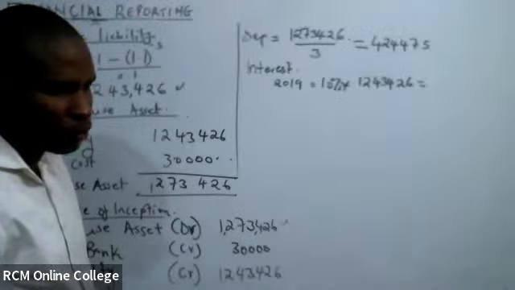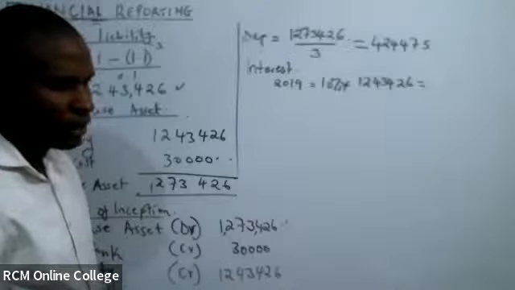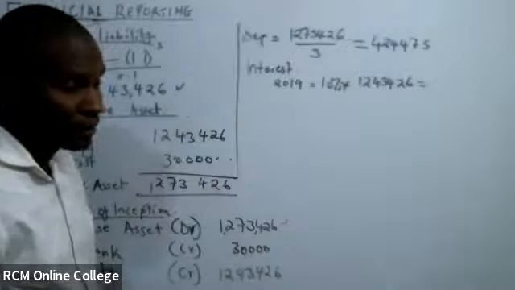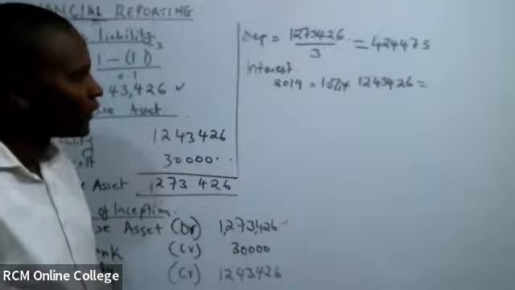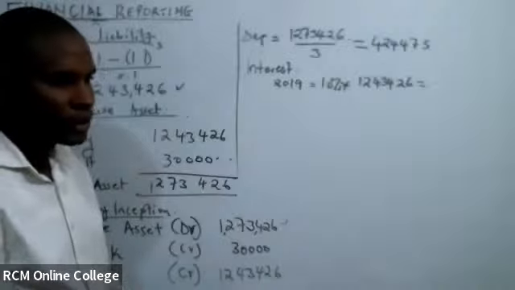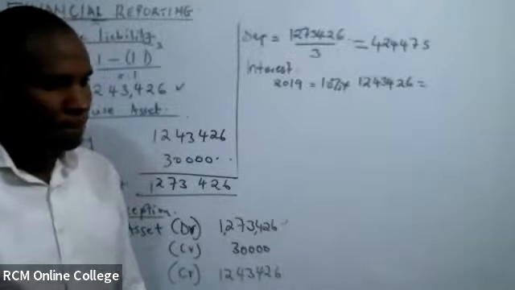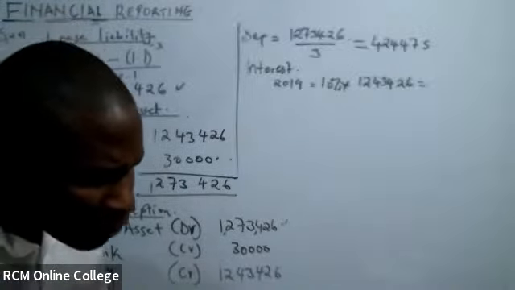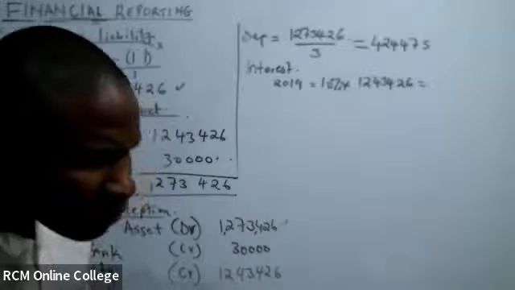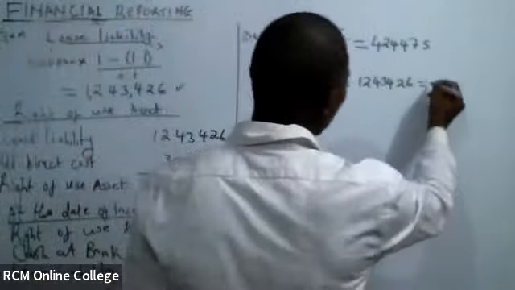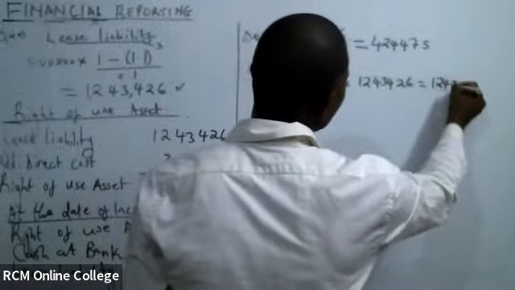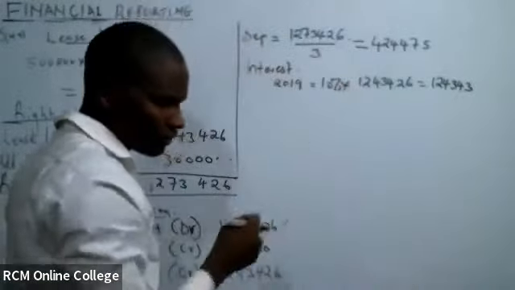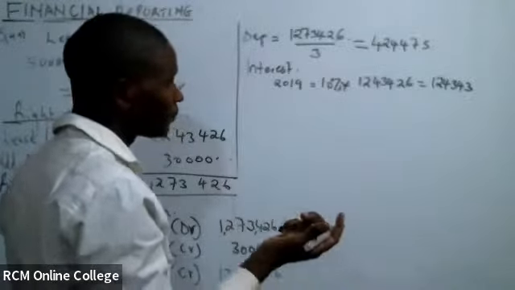Make it a whole number. Interest for 2019. 10% of that gives 124,343. That is for 2019. That interest is to be claimed.